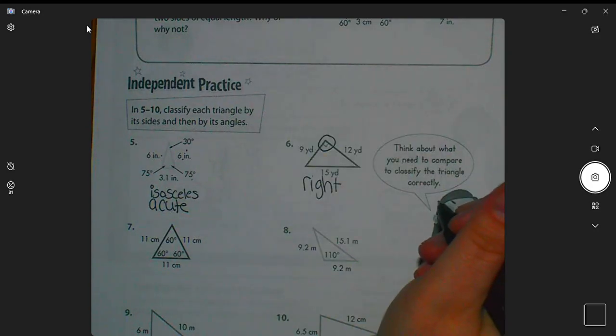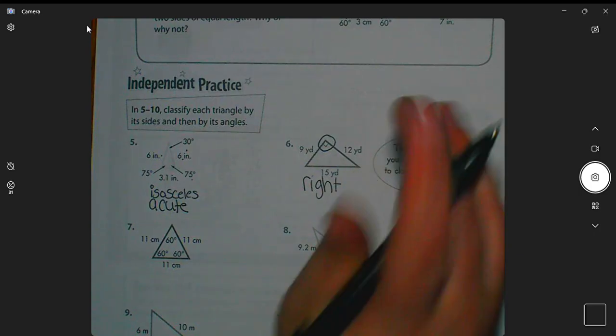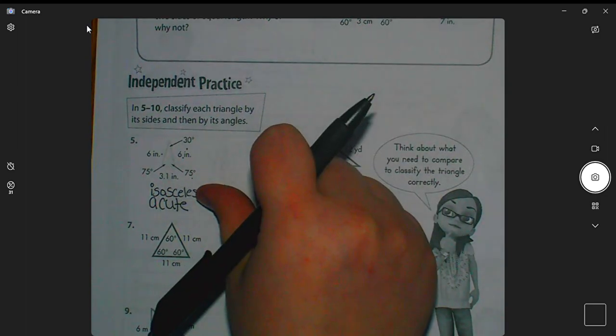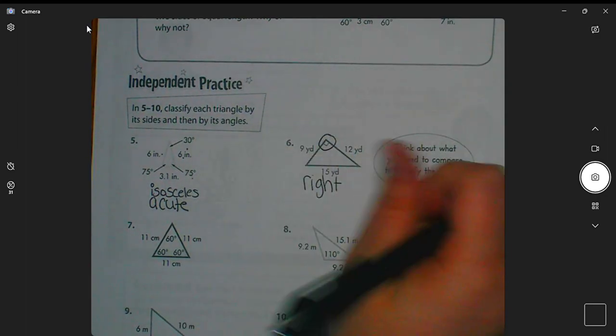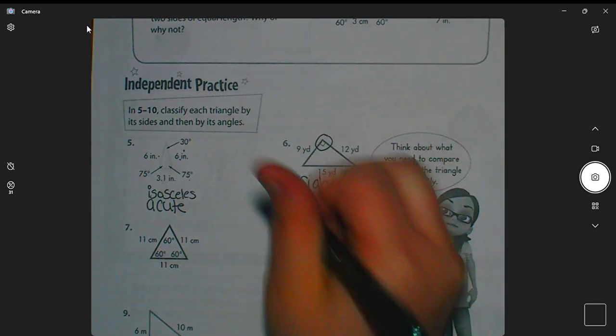Do any of these measurements match another? Nope. So what kind of triangle would it be? Equilateral, isosceles, or scalene? Yes, it would be scalene.